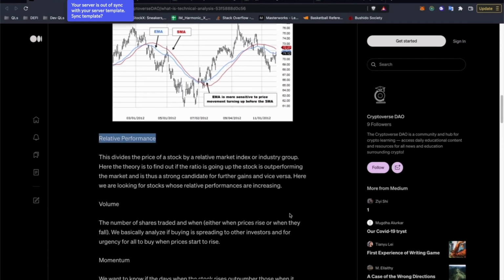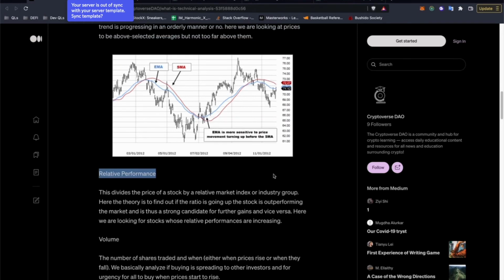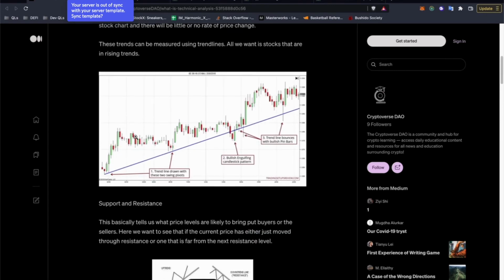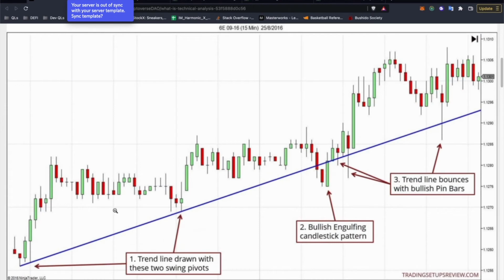Volume. This is another term you'll hear thrown around during technical analysis or charting sessions. Volume is basically how much money is being traded in one time, the number of shares traded. There are indicators that show you volume as well, but usually if you see a ranging market, that means minimal volume.